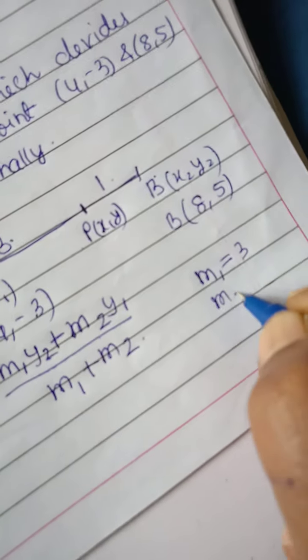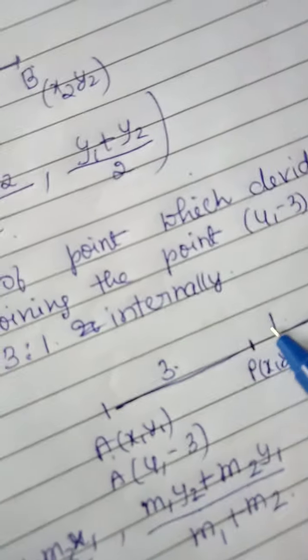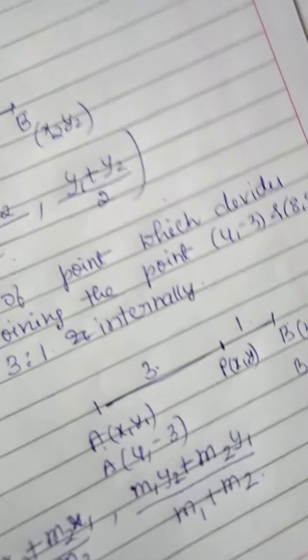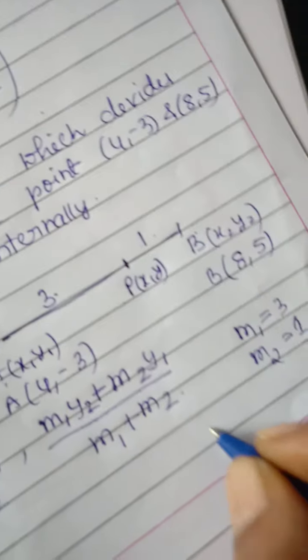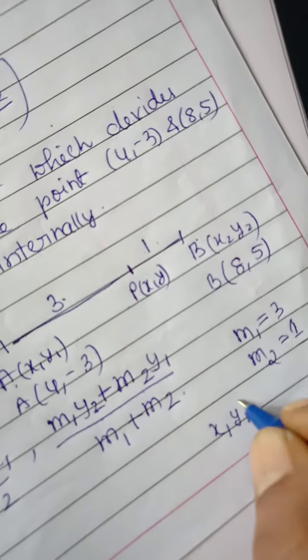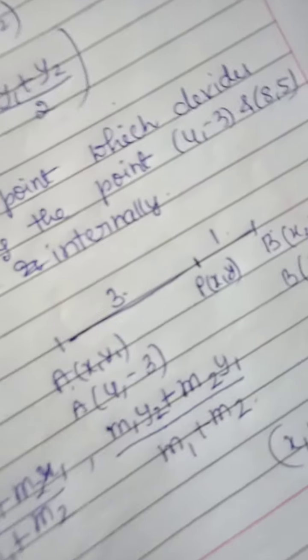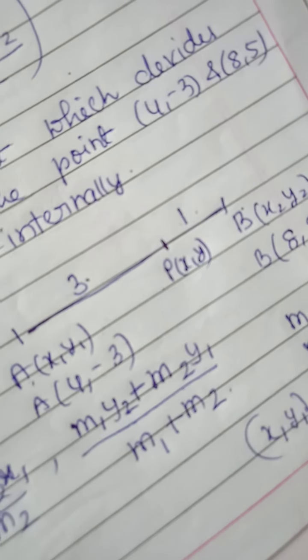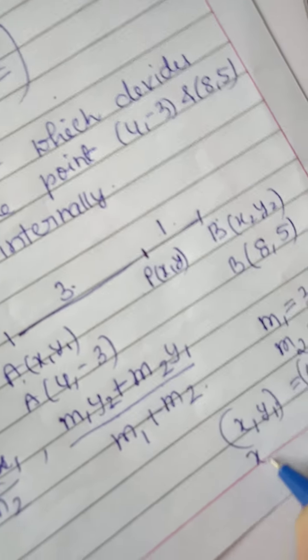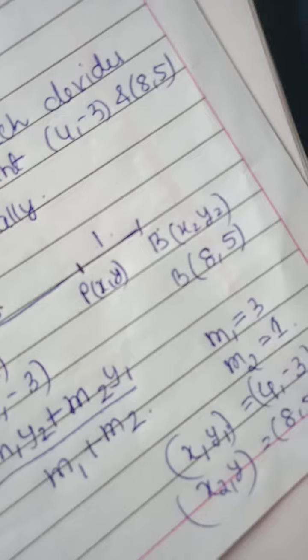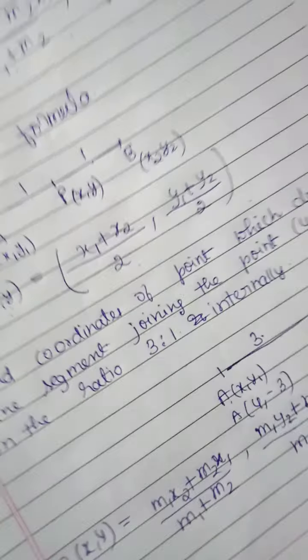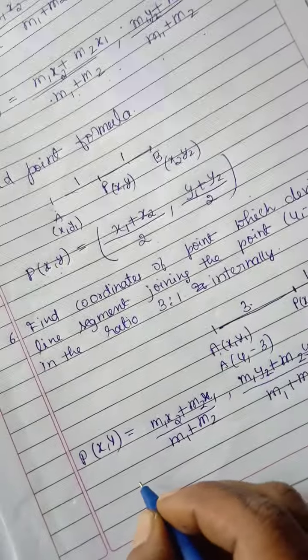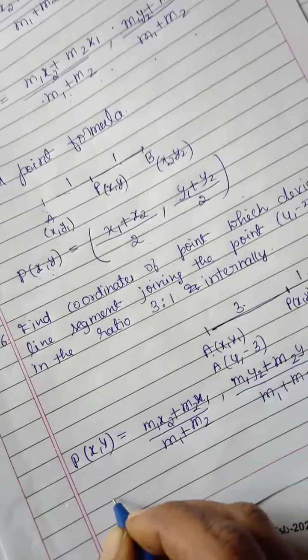And m2 is equal to 1. Also, x1, y1 is equal to 4 and -3. Also, x2, y2 is equal to 8 and 5. So now we have all the values. Just substitute the values in this formula.